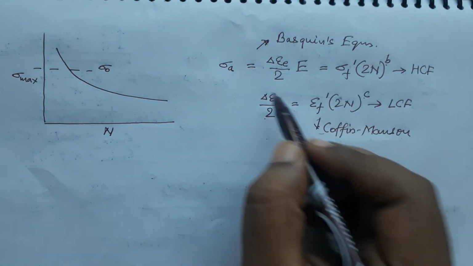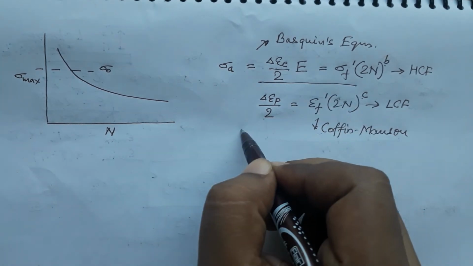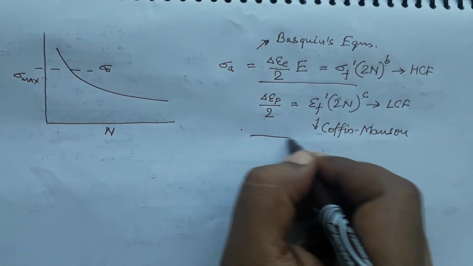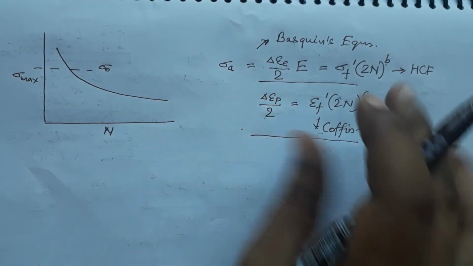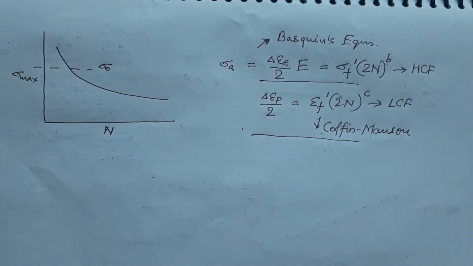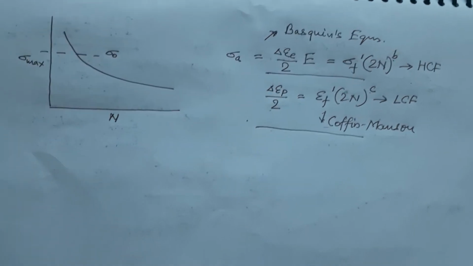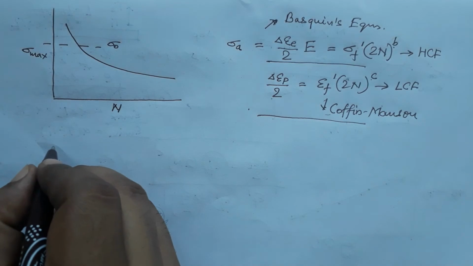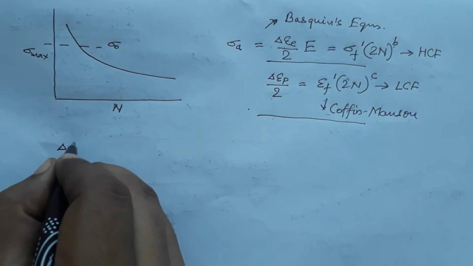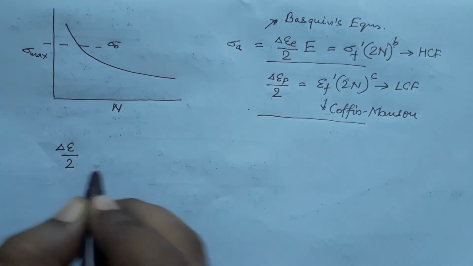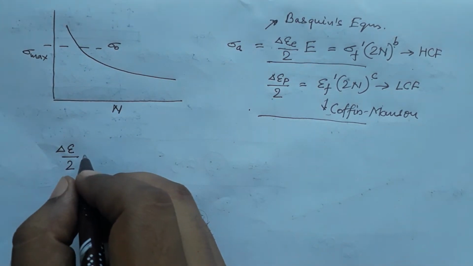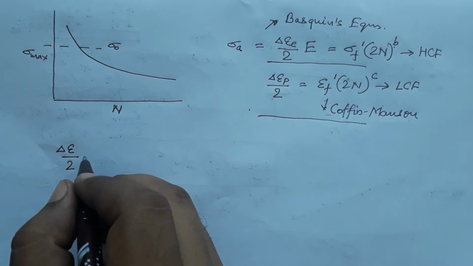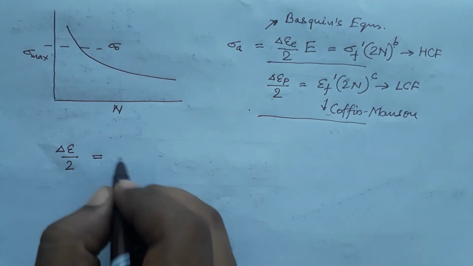Looking at these two equations of high cycle fatigue and low cycle fatigue, maybe we can define the whole curve if we superimpose them. In any fatigue cycle we will have a certain strain amplitude. Even if we have stress amplitude, we can change it to strain amplitude by following some relationship.